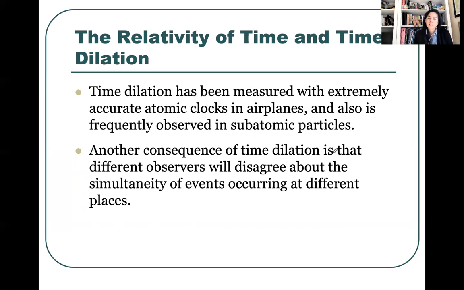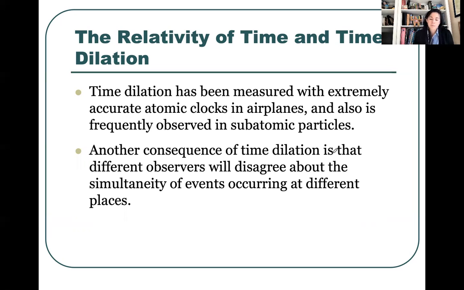If you look at subatomic particles, they are moving at speeds that are close to the speed of light, and you can see that, especially when you look at the lifetimes of such things. What is also interesting is that time dilation makes it so that different observers will disagree about the simultaneity of events occurring at different places.